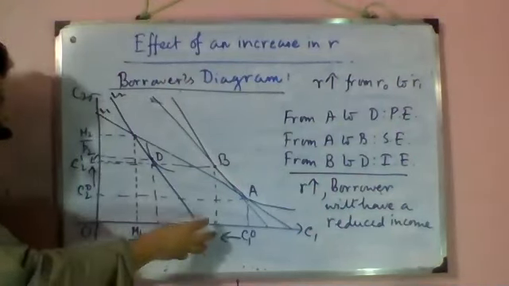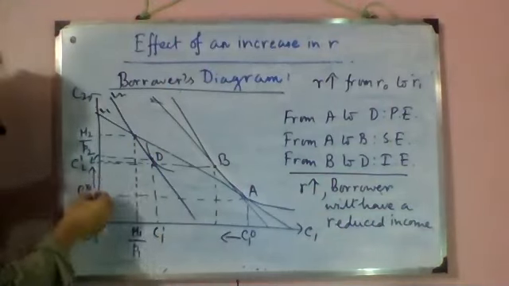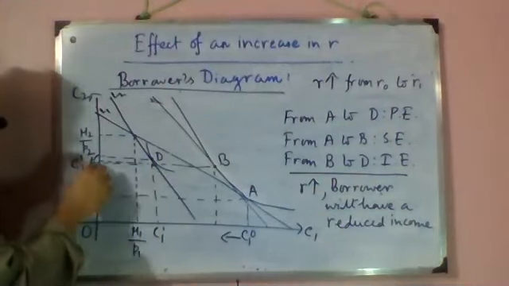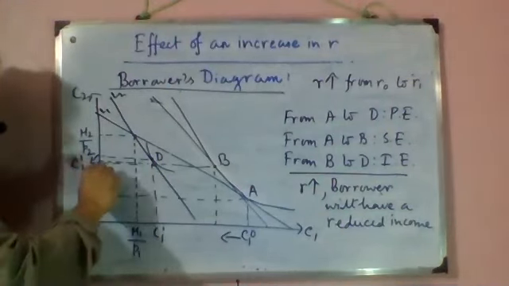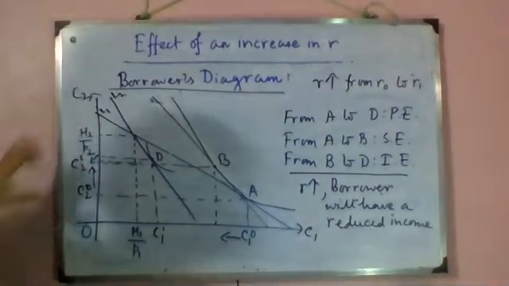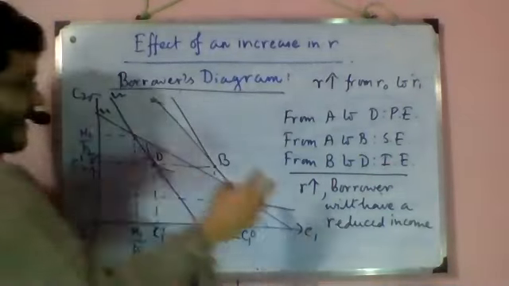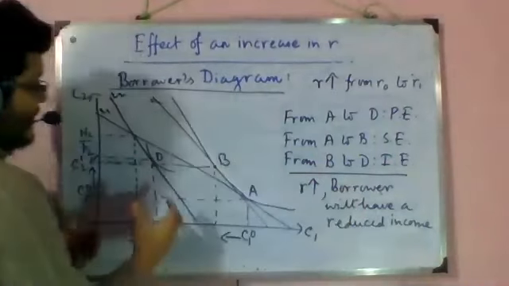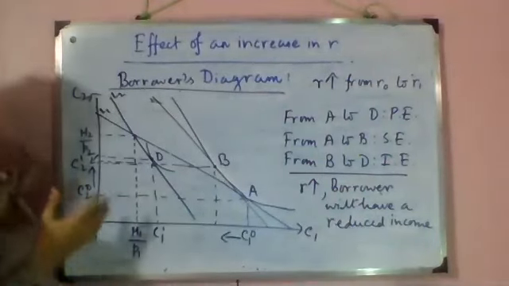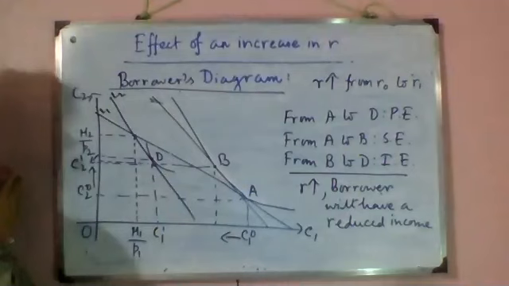So C1 here reduces further, and the C2 here, compared to substitution effect, goes a bit higher, obviously. But always you can draw a diagram where both are reducing. So in case of C2, here it is increasing, but if you look at the choice, since income reduces, the bundle overall reduces.